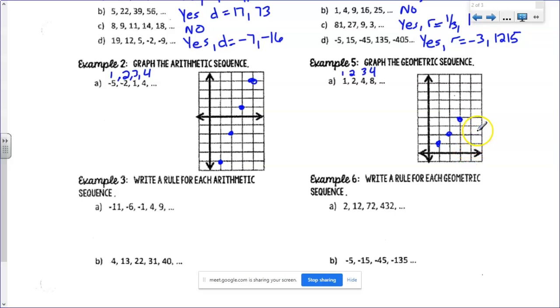And 4 is at 8. Now if we connected these dots, I'm going to because I want to show you, what type of graph would this be? Linear, quadratic, exponential. Exponential. So this would be geometric. This is arithmetic. And you notice with arithmetic, what type of graph is it? It is linear. Does that make sense?